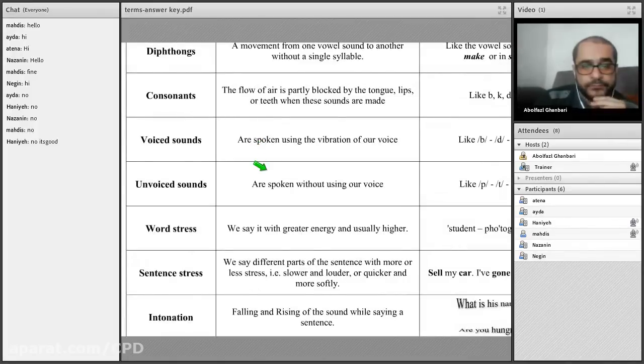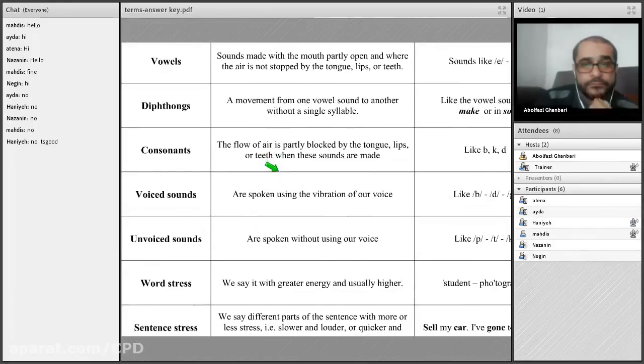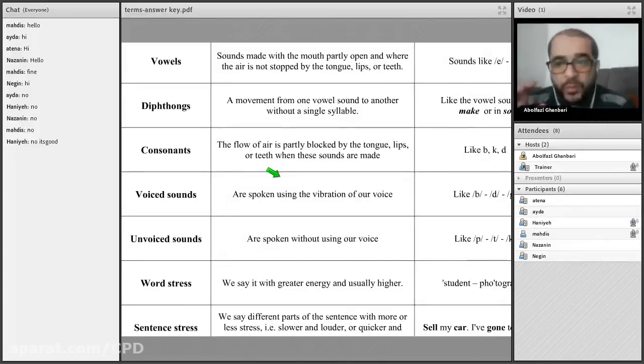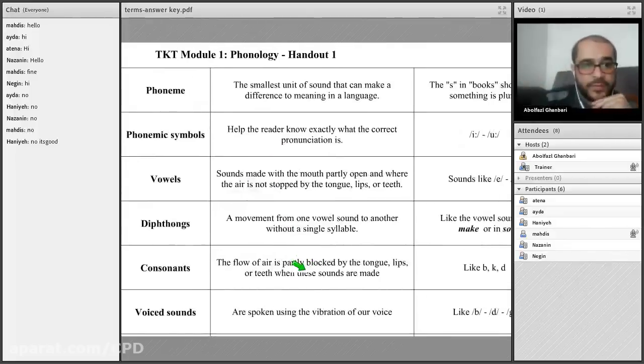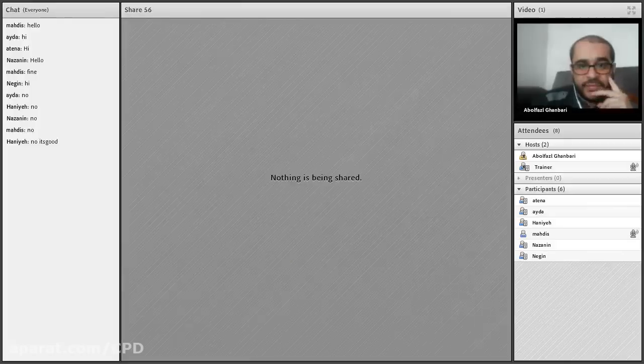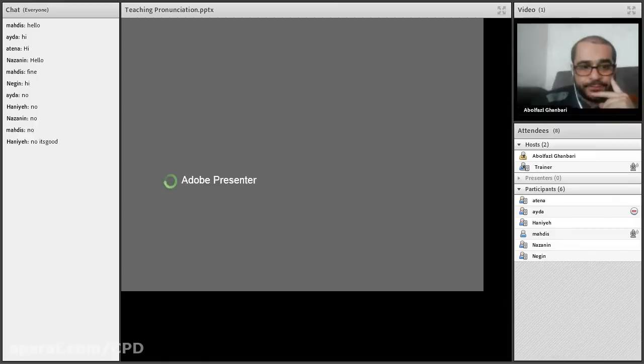For example, you said make, from phonics, A and I. Yes, exactly. So we can say it is a combination of two vowel sounds. Very good. Let me come back to the PowerPoint.